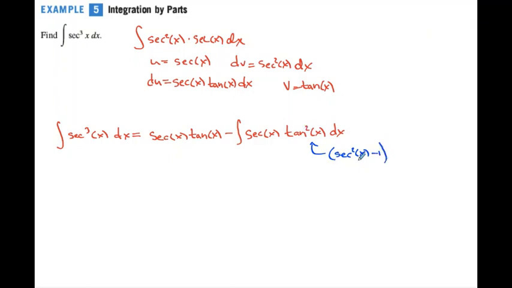That's the Pythagorean identity equivalent. And when we distribute the secant x through here, we're going to get secant cubed minus secant x. So I'm going to write the whole thing out again. And I'm doing this to help show what we need to catch with this type of a problem.